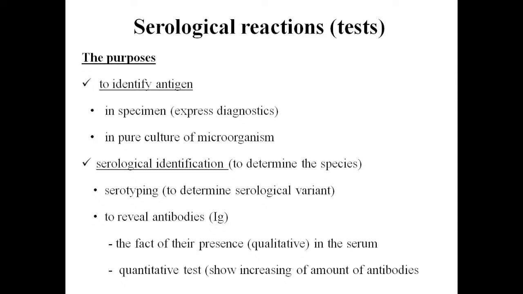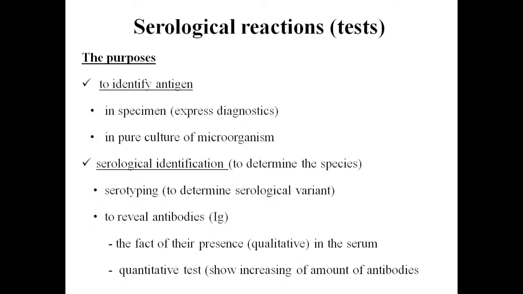Another use of serological tests is to reveal antibodies or immunoglobulins. We may detect the fact of their presence, which is qualitative: I say they are present or absent. And we may use quantitative tests, when we detect the amount of antibodies.